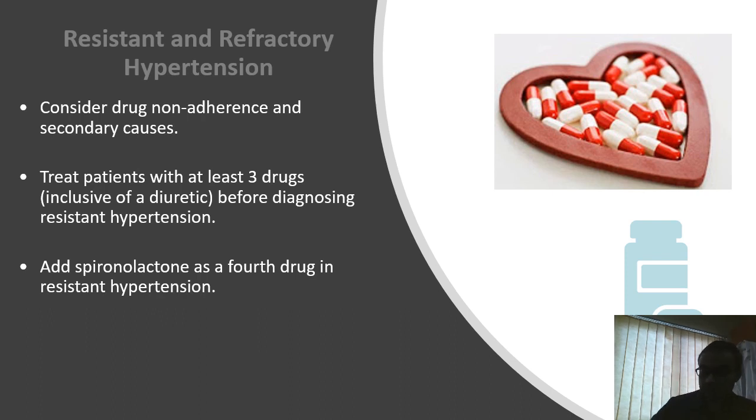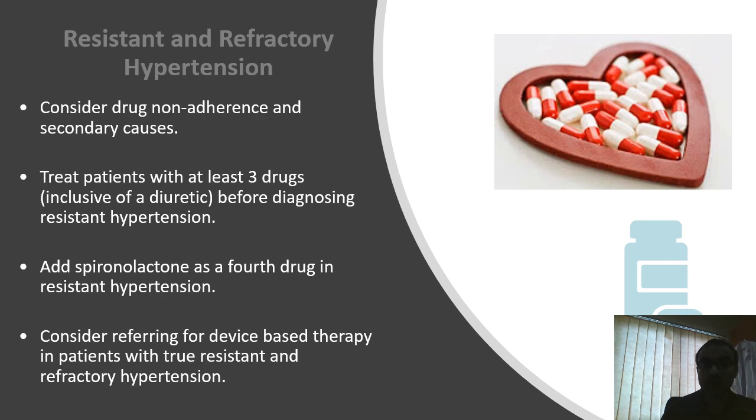When a fourth agent is to be added, spironolactone should be considered. And refractory means 5 or more antihypertensives are no longer working. In this case, device-based therapy can be indicated, and one example is renal sympathetic denervation, which can also be considered.